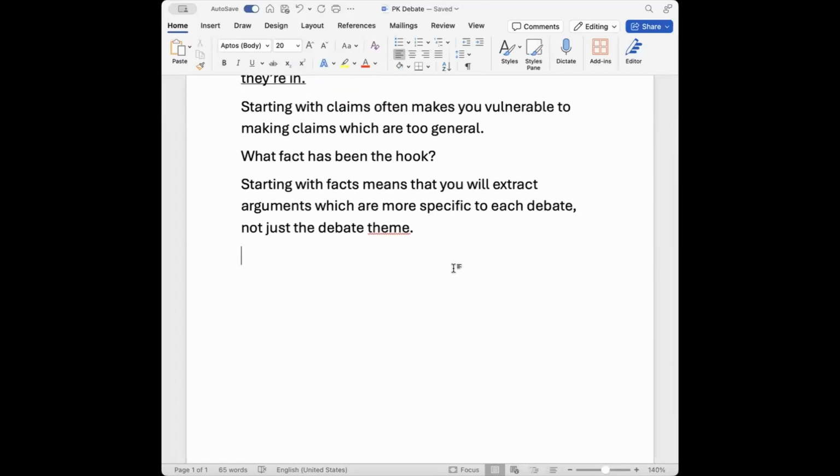The second lesson on facts is it's vital to think of facts in debate that are trends and patterns over facts in isolation.